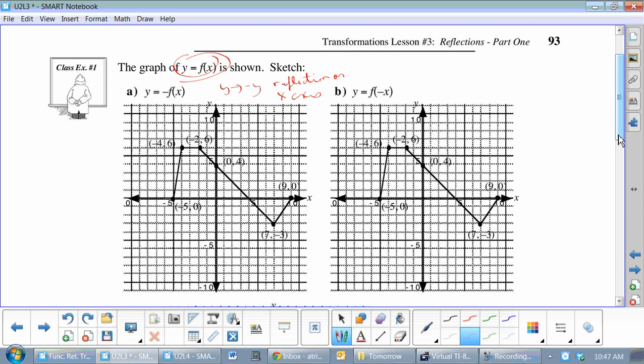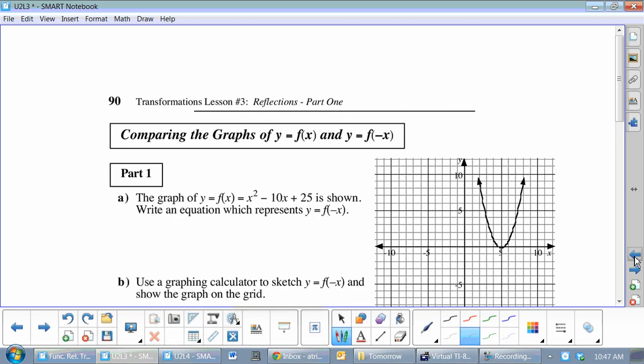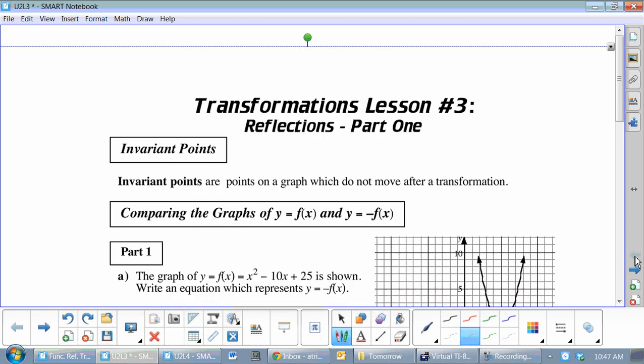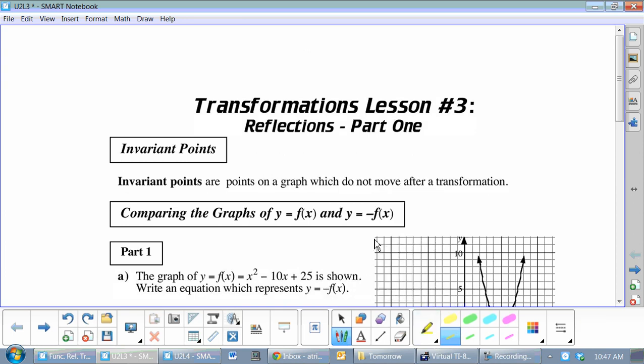Now, does anybody remember what these are called? Excellent. Okay. So I want you to go all the way back to the title. I thought, why don't I talk about invariant points when we actually have invariant points?